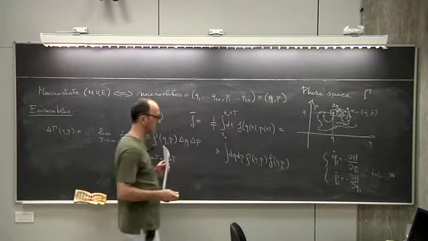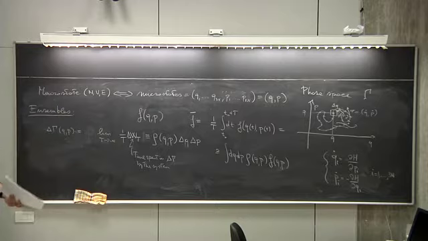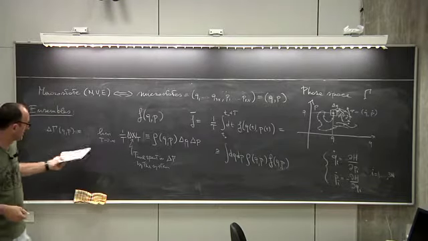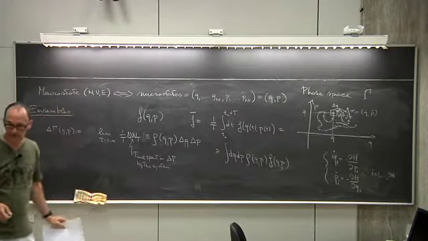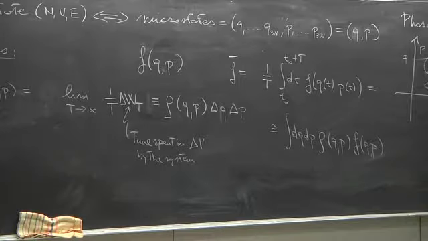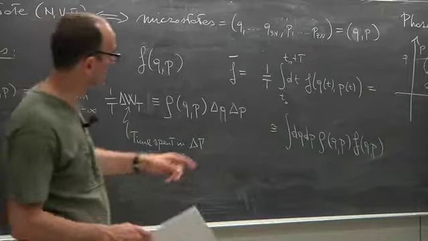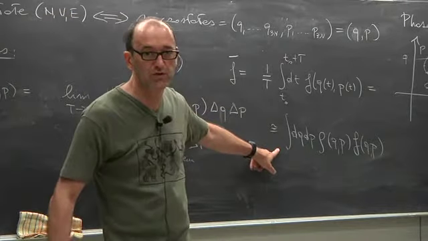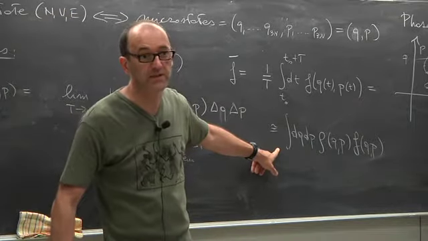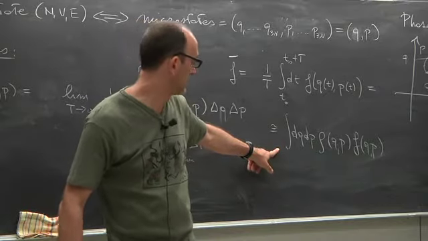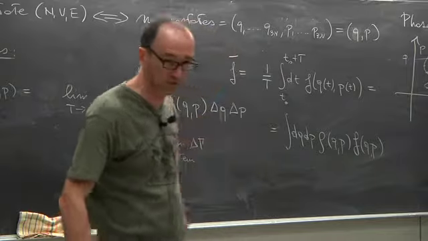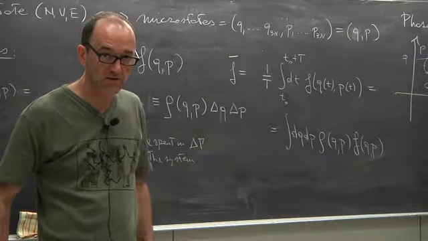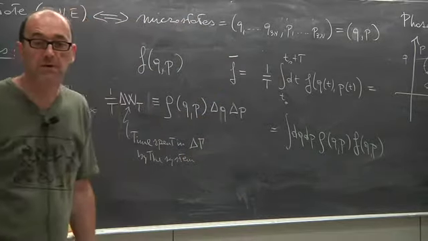By the definition of how I define this density, I can turn time averages into averages over this density. And essentially, this will be exact if I take the limit t going to infinity.